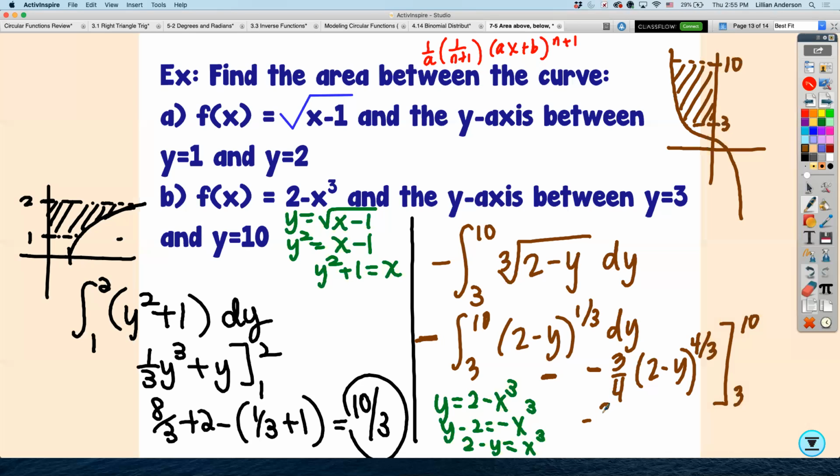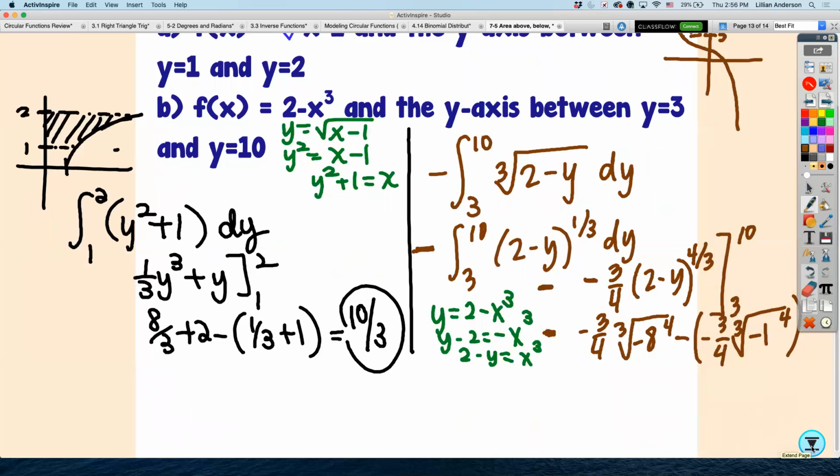So this is going to be -3/4 times -8 to the 4/3, which is the same thing as taking the cube root of -8 to the 4th power. Then I'm going to minus -3/4 the cube root of -1 to the 4th power. Again, there's still a negative out there. What's the cube root of -8?